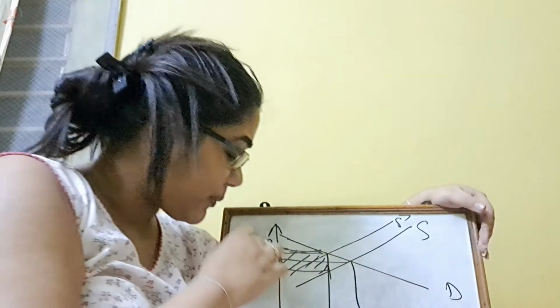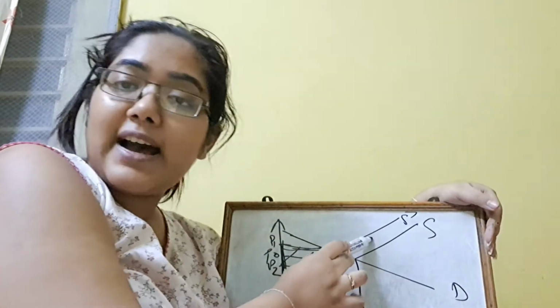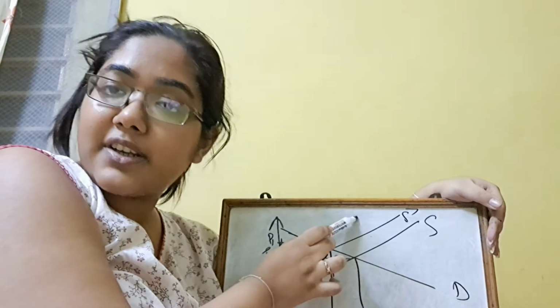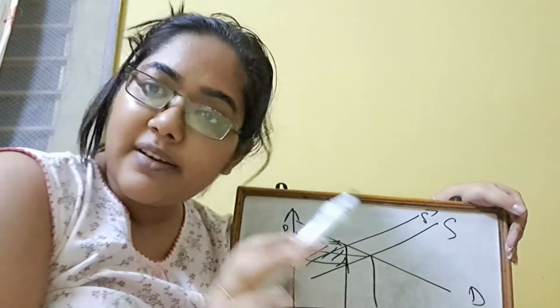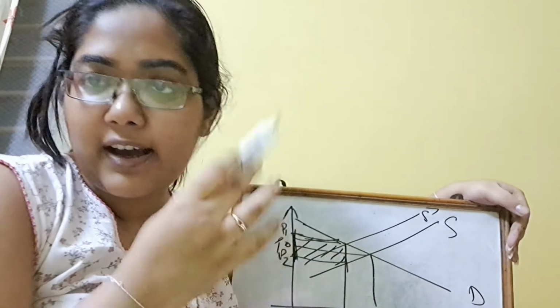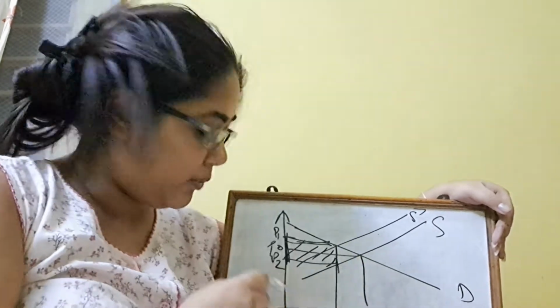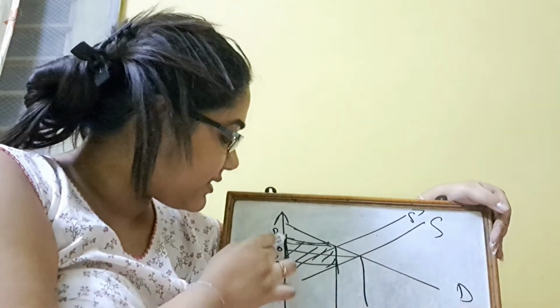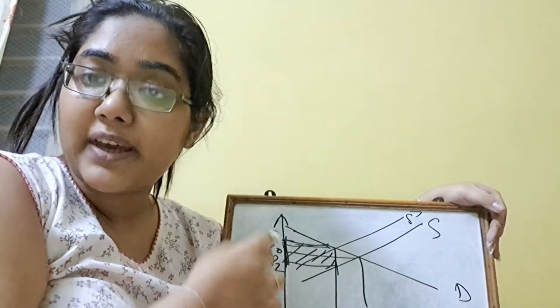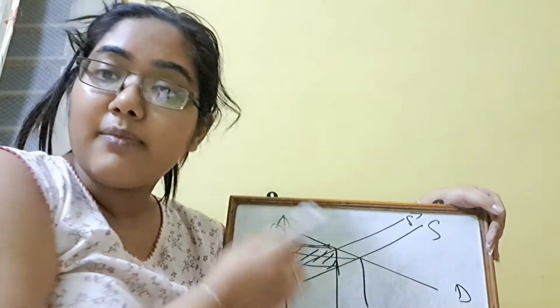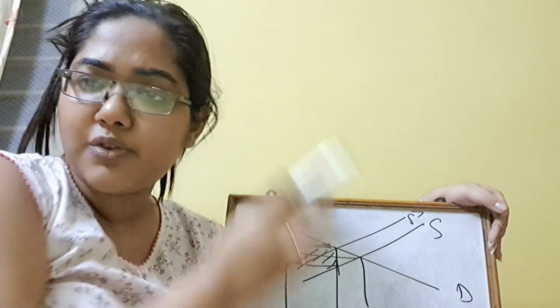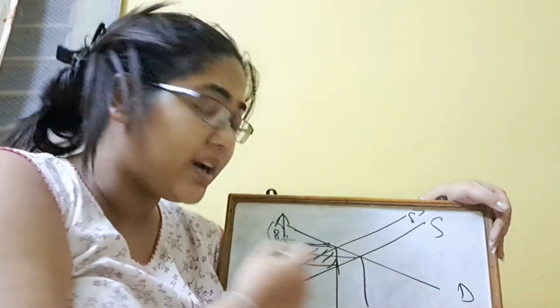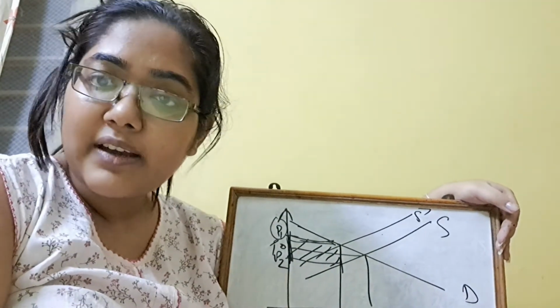I am again saying this. The supply curve has shifted leftwards because the cost of production has increased, because taxes have been placed. So the price that the consumers will pay is P1, because some of the burden has been shifted towards the buyers, as the demand curve is not perfectly elastic, right?